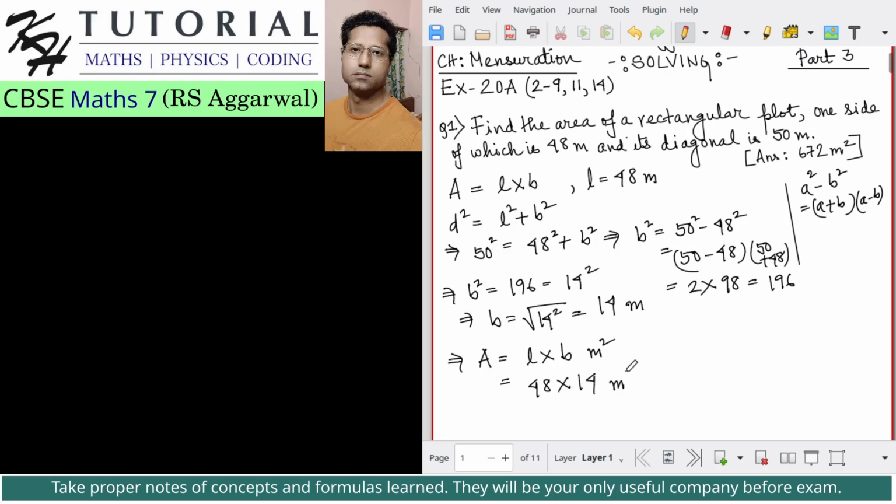So this much meter square, and how much is this? 48 multiplied by 14, we have 192, and this is 672. So I have also written down the answers of each problem on the right hand side below the question. So this is equal to 672 meter square.